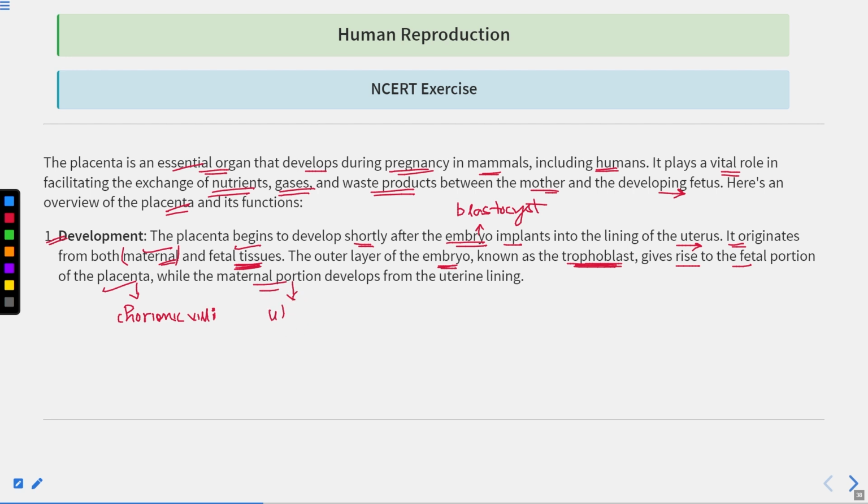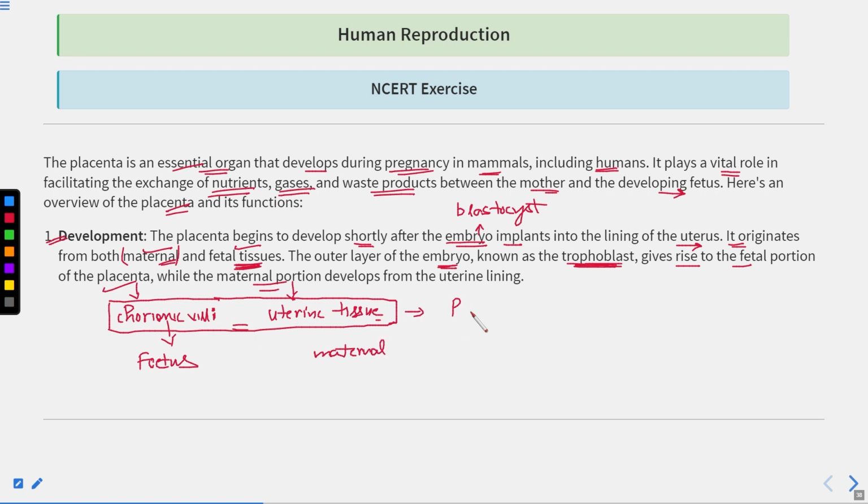Maternal portion is the uterine tissue. The placenta consists of both of these tissues. Chorionic villi come from the developing fetus, and uterine tissue is the maternal tissue. So both of these combine to form the placenta.